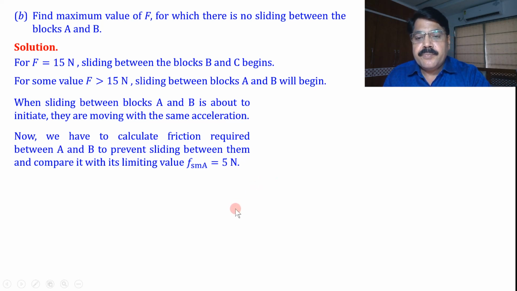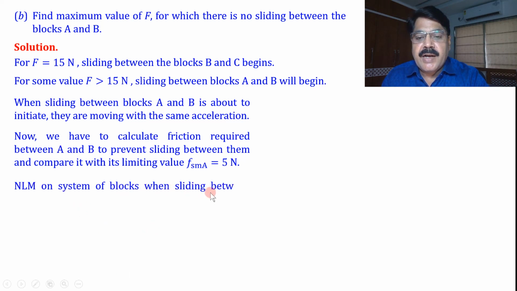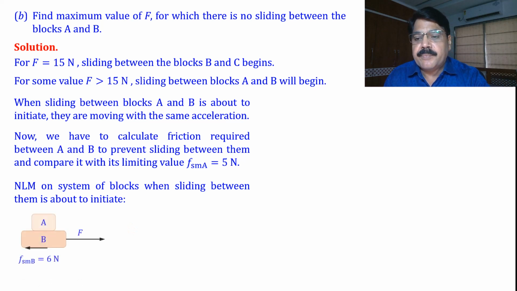So we assume there is no sliding, and we calculate the maximum required friction to prevent sliding between A and B. So we have NLM on the system of blocks when sliding between them is about to initiate. Till that moment, both the blocks have the same acceleration, and at that moment we assume the friction required has reached the limiting value between them. But we assume here NLM on blocks A and B, but here is sliding.